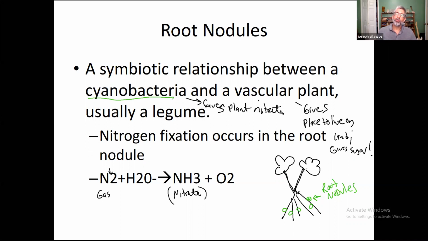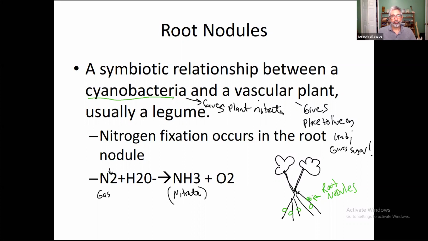For example, if you grow legumes in a very nitrogen-rich soil where they're not hurting for nitrogen, they have plenty already, they will not allow typically the cyanobacteria to form these root nodules on the roots. They're like, nah, we don't need you. So, but otherwise, you know, it's a very useful chemical reaction.